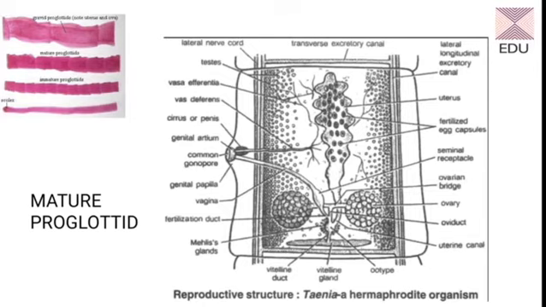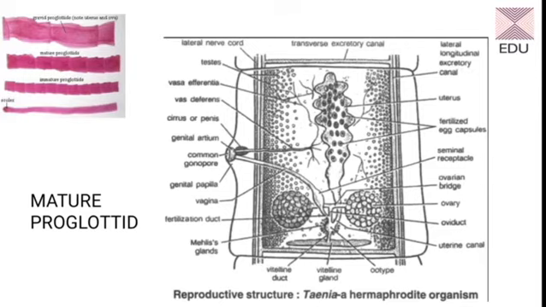You may get a question on the reproductive system, or a question on the male reproductive system of TAENIA solium only, or a question on the female reproductive system. So now, first of all, we start with the reproductive system of TAENIA.